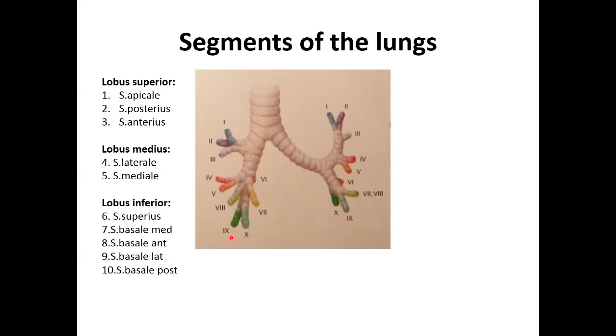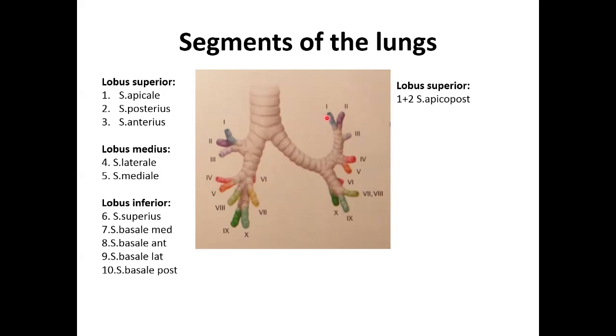And now segments of the left lung. We know that there are only 2 lobes, and lobus superior is the first. It's interesting that 2 subsegmental bronchi are combined into 1 segment.